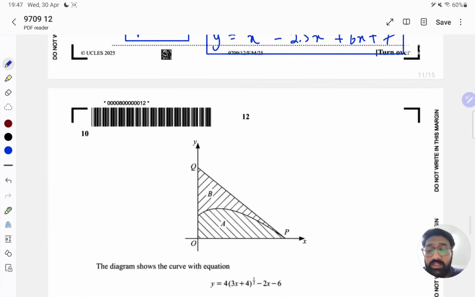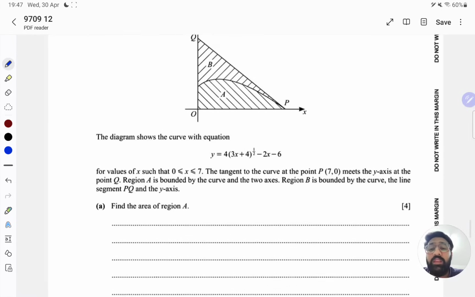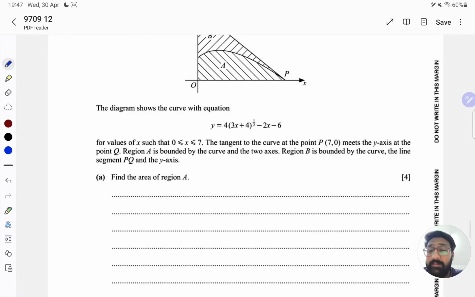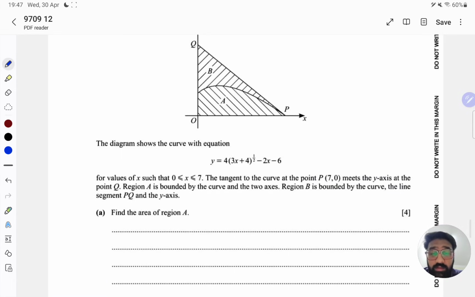Let's move to the next question. Question number 10 says the diagram shows the curve with this equation, for values of x from 0 to 7.